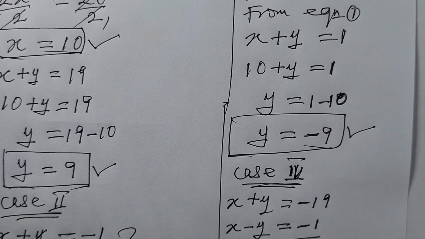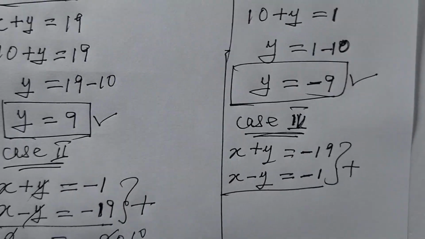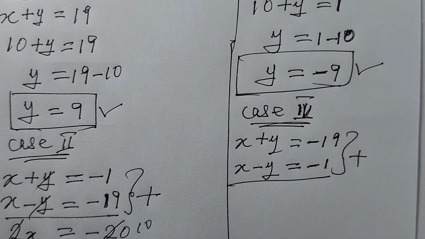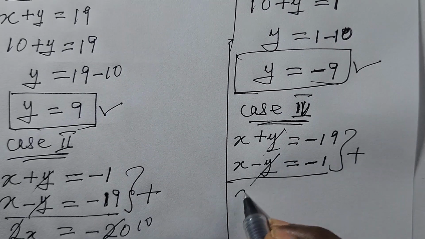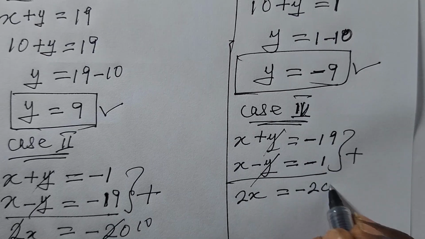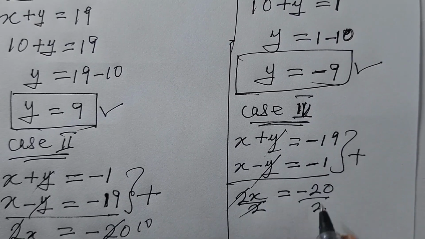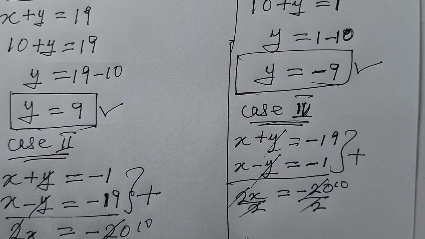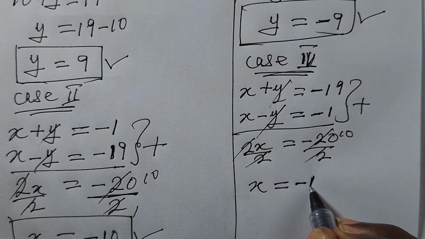Again, we are adding. If we add this together, we now have 2x equal to minus 20. Again, divide by 2, so here we have 10, and x is equal to minus 10.